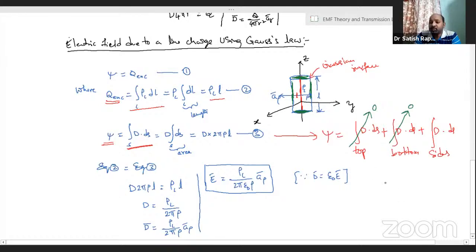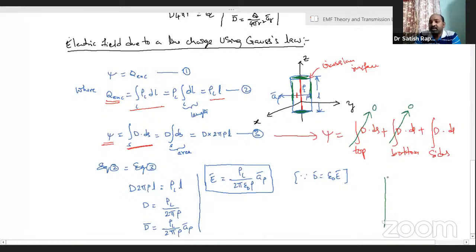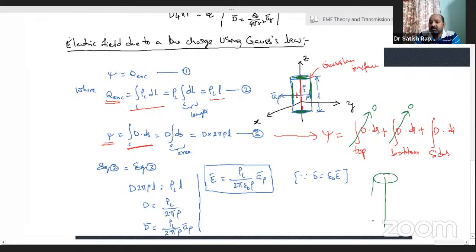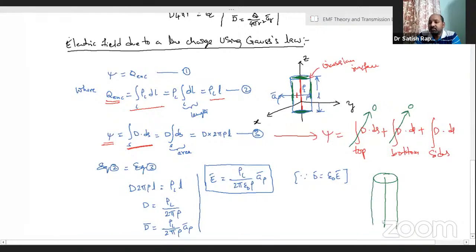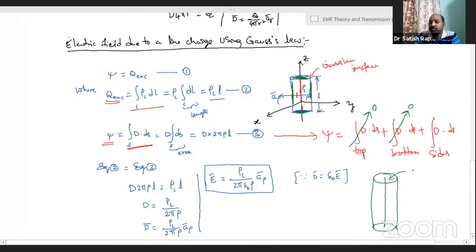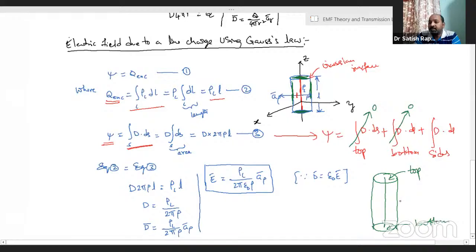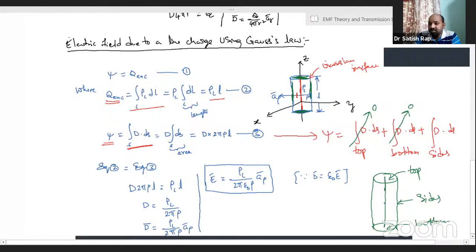Because, as we know, this is the line charge, and a cylindrical Gaussian surface is assumed. This is the top, this one is the bottom, and these are the sides. And this is the line charge considered.